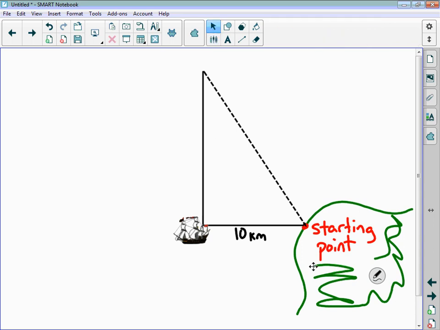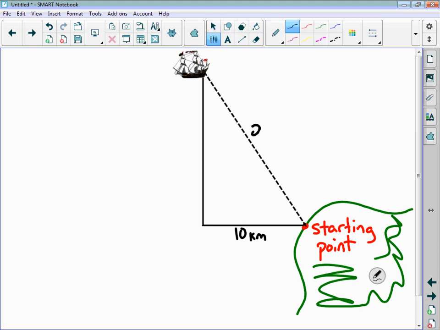And then it starts traveling north until it is 25 kilometers away from its starting point. So the direct line from where it started to where it currently is 25 kilometers. And it first went 10 kilometers west. So how far north did it go?